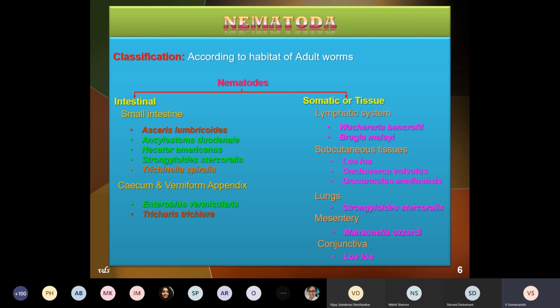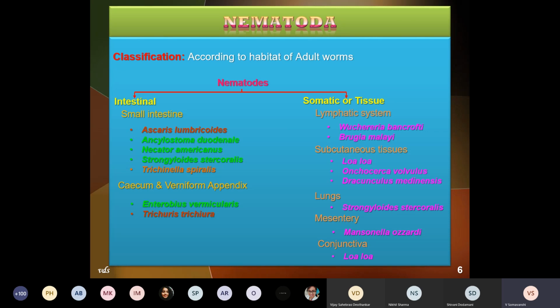Now, this classification we have done only for the convenience of our study, because in part 1, the parasites which we are going to study produce bile-stained eggs, where the outer layer of the egg is brown in color.